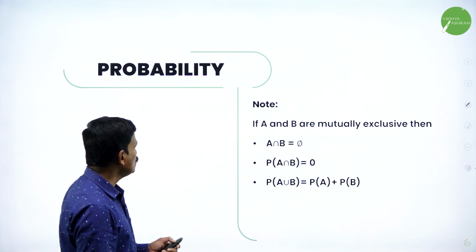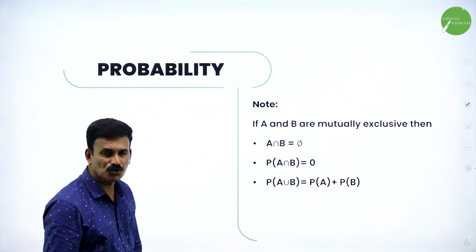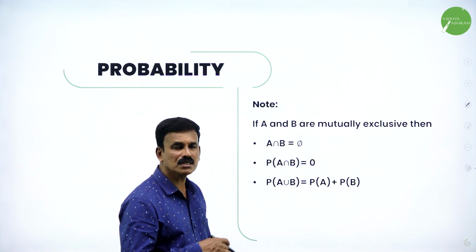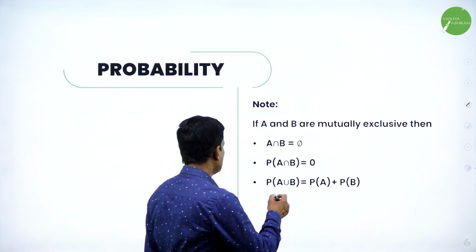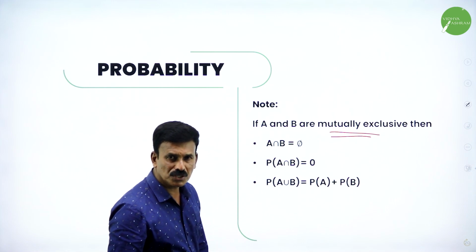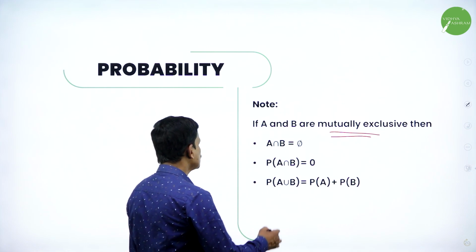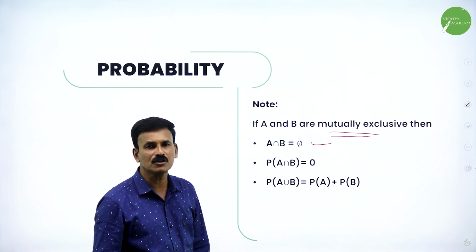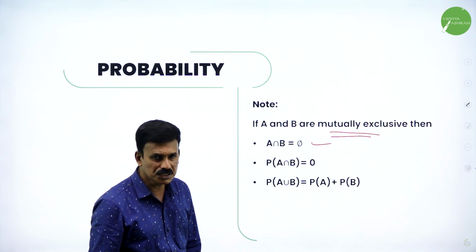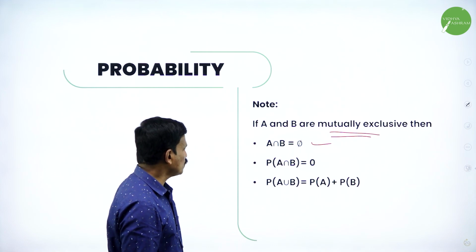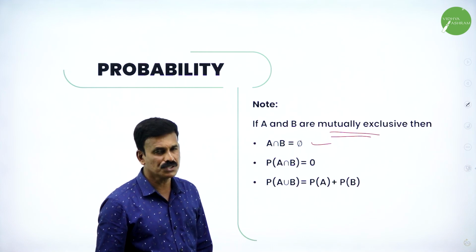Now let us note some important concepts based on these definitions. If A and B are mutually exclusive events, then A intersection B is a null set, so the probability of A intersection B is 0.